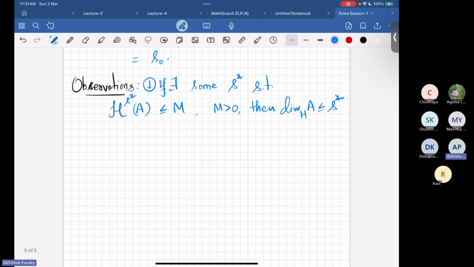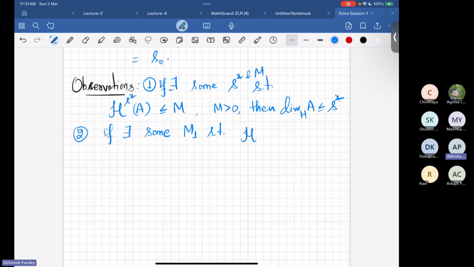And similarly, if there exists some S star and some m1 such that the Hausdorff measure of A is greater than m1, then the Hausdorff dimension of A is greater than or equal to S star.